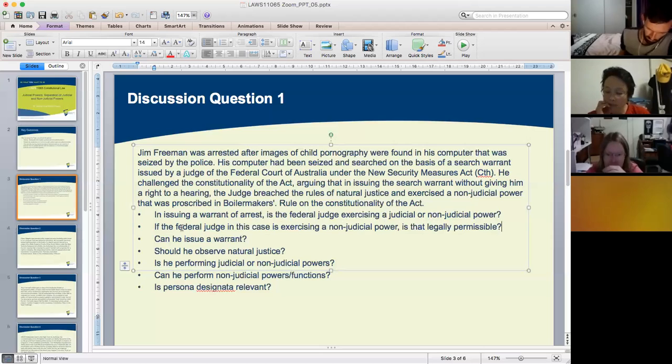Because we know, from the Boilermakers case, the rule: federal courts, federal judges cannot exercise non-judicial power. So if that is the case, according to Boilermakers, how would it then be legally permissible for this federal judge to exercise a non-judicial power? That's the next legal question.